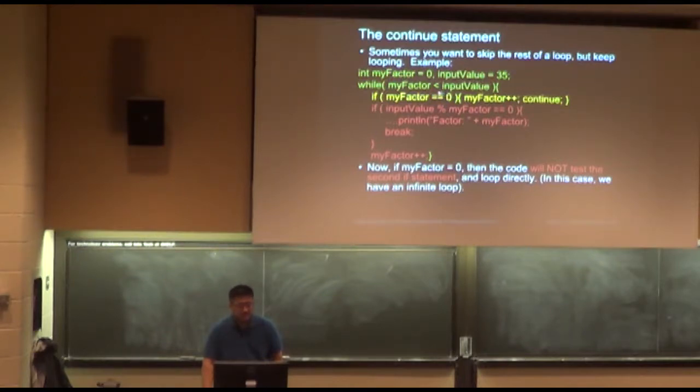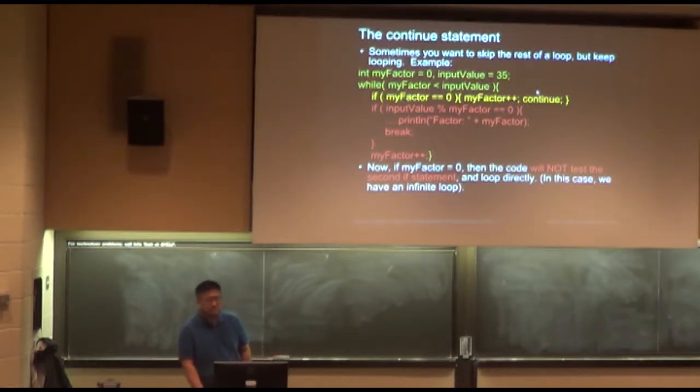And that's particularly important because when my factor is equal to 0, input value modulo my factor is always equal to 0. It sort of skips the work. This is kind of a trivial example, but there are other cases where having continues saves a tremendous amount of time. If the work being done in the rest of the loop is actually time-consuming, then continue skips that work when it doesn't need to be run.